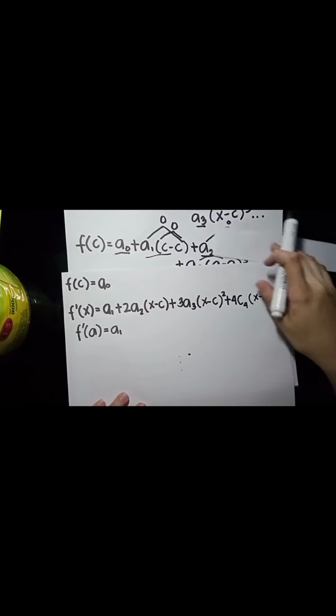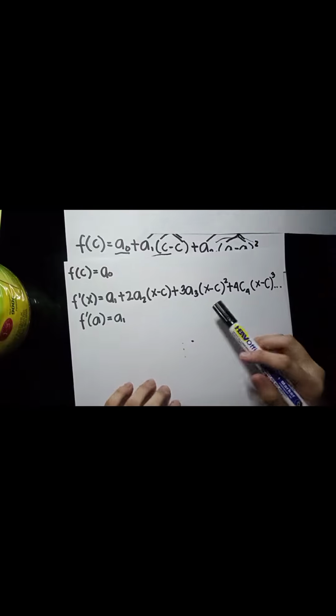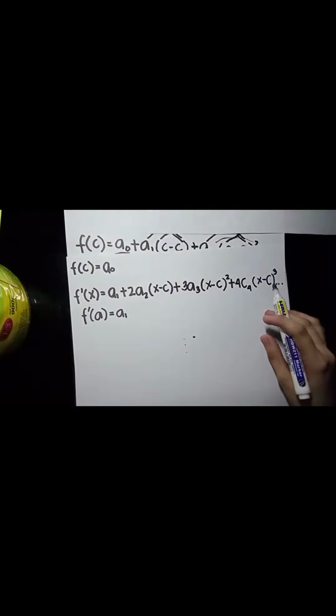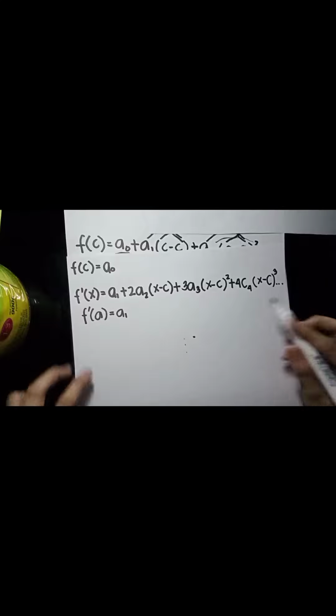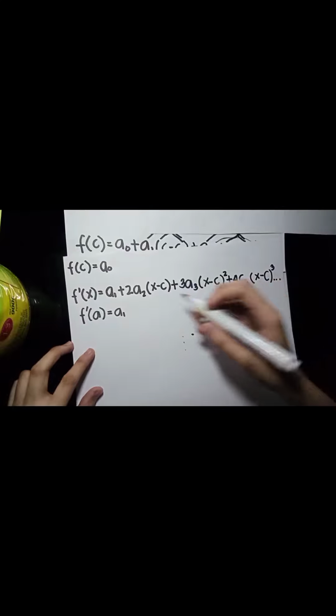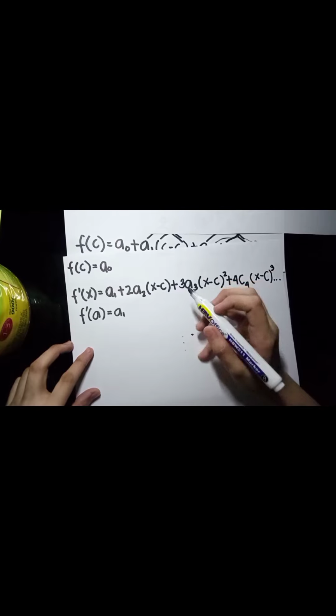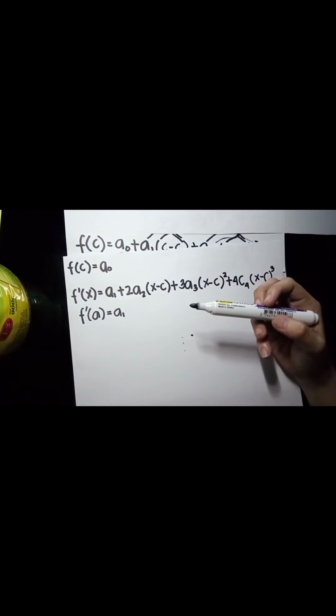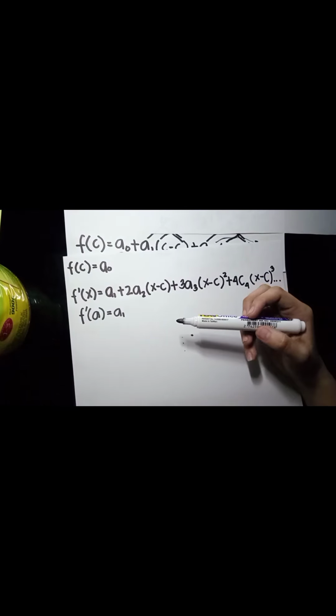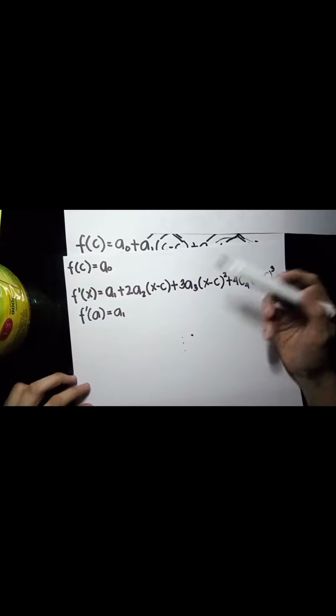With this expression, which represents the first derivative of the function, if we plug in c, all of this will disappear except for the original, just like the original function.